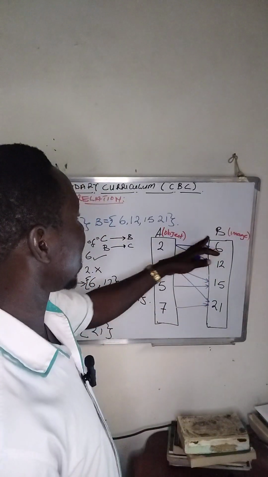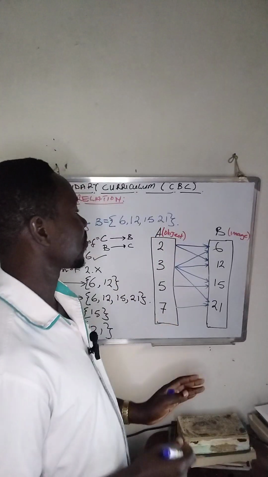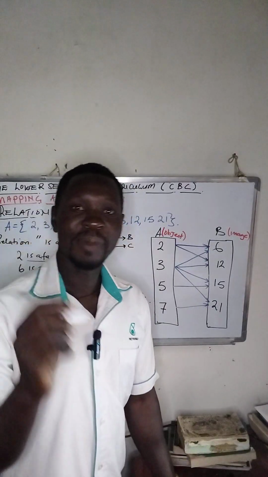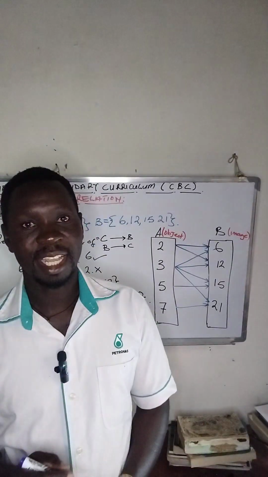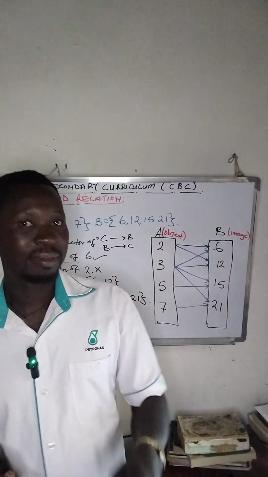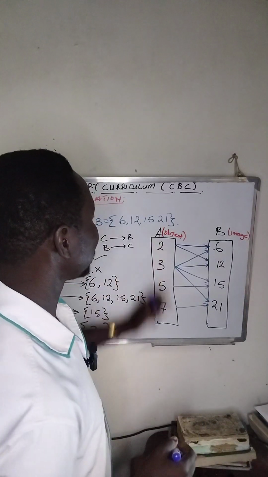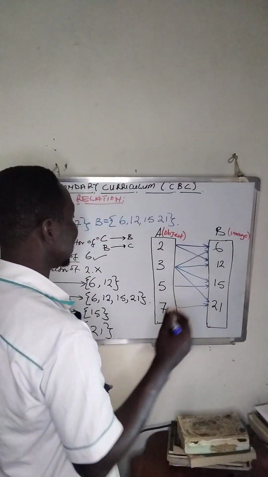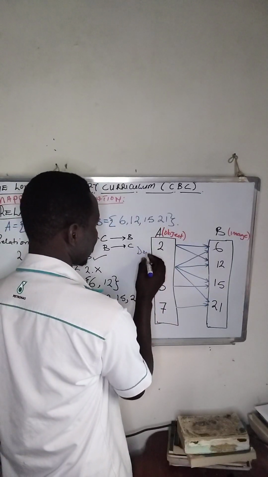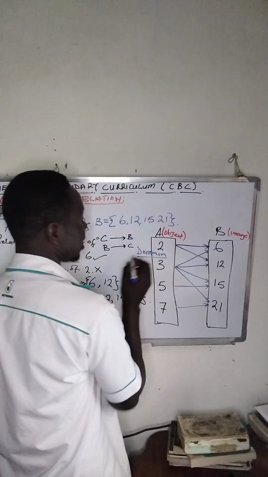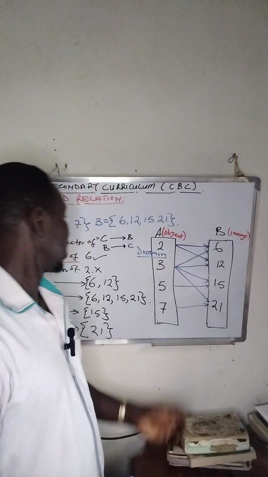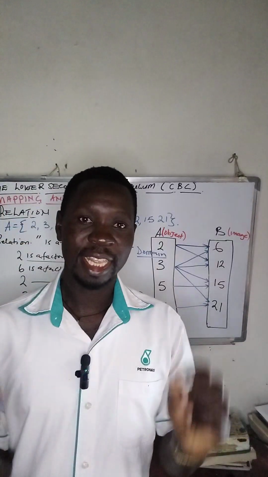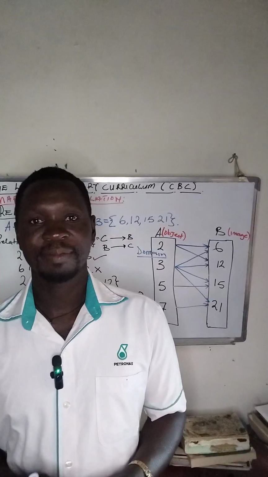Now, the object and the image have other mathematical names. The object is sometimes also known as the domain. Mathematically, we can call them the domain.